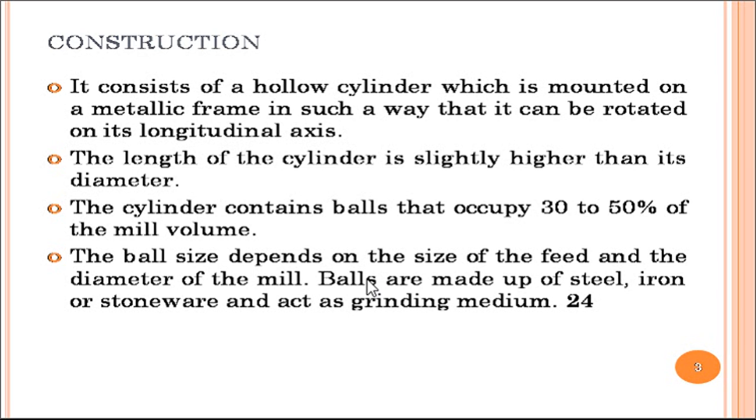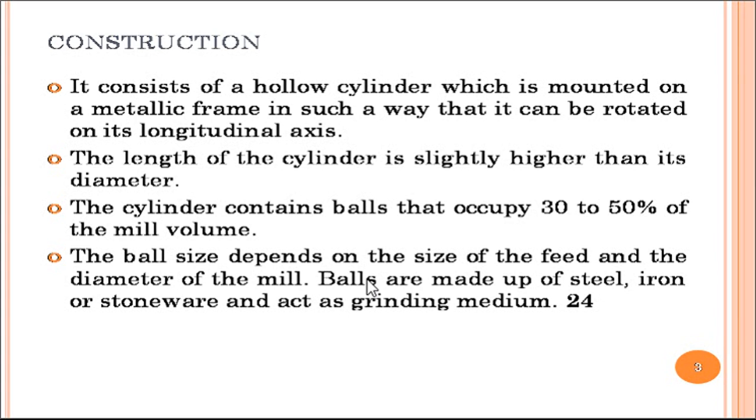Some are medium size, some are large, some are small. Due to the rotation of the balls within that closed chamber, the material whose size we require to reduce is fed in, and it will be processed for size reduction.